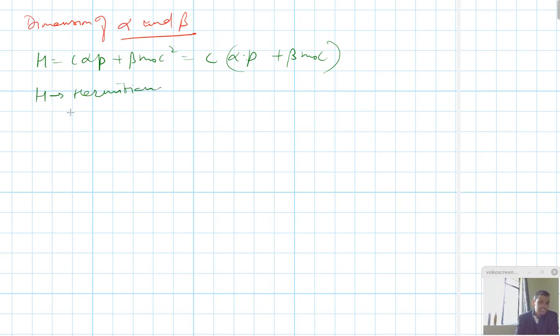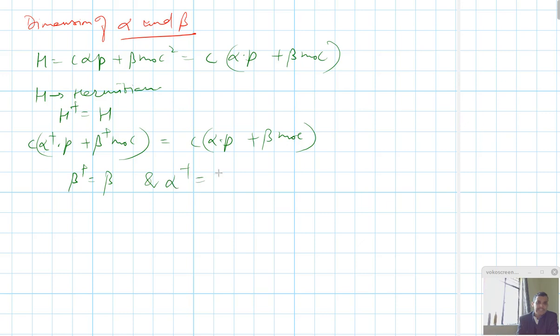So if H is Hermitian, that means H dagger is equal to H, or I can say that c alpha dagger p plus beta dagger m naught c must be equal to c alpha p plus beta m naught c. And if it is so, what does it mean? It means that alpha dagger is equal to alpha and beta dagger must be equal to beta. That's what I am getting out of this equation.